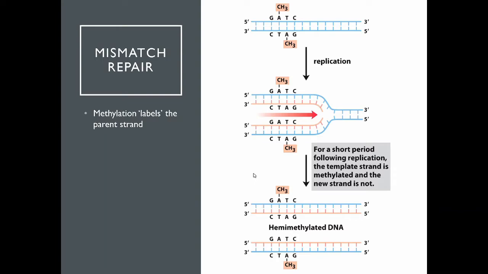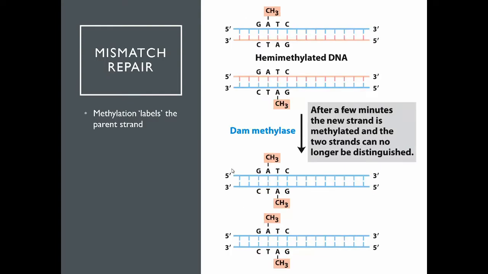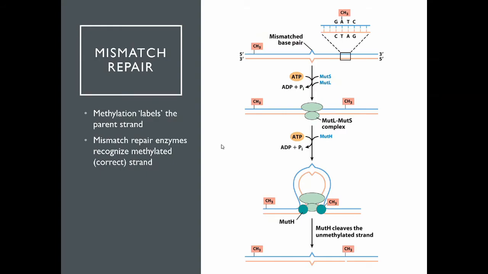So the repair enzymes can just fix the bases that are on the unmethylated strand, because that means it's the new strand. Now, eventually, the new strand becomes methylated, and it's not possible for those enzymes to distinguish the old strand from the new strand. So this mechanism has to work pretty quickly after replication ends.